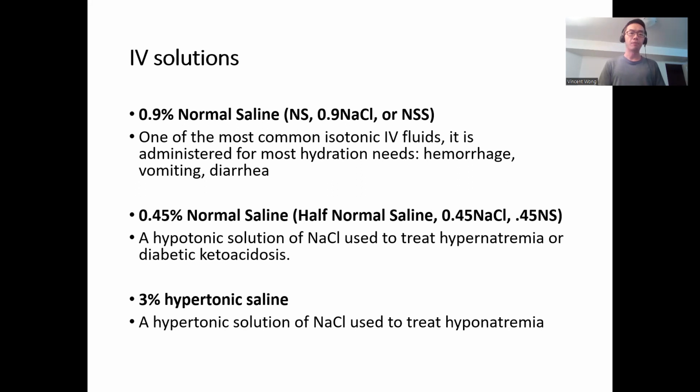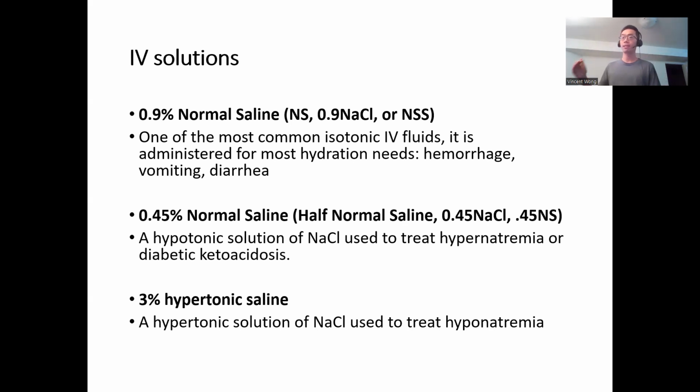So typically speaking, we give people normal saline. That's the most common kind of fluid to provide for someone who just needs a little bit of extra fluid. This is isotonic, 0.9% saline. 0.9% means there are 0.9 grams of sodium chloride for every 100 mLs of the solution.